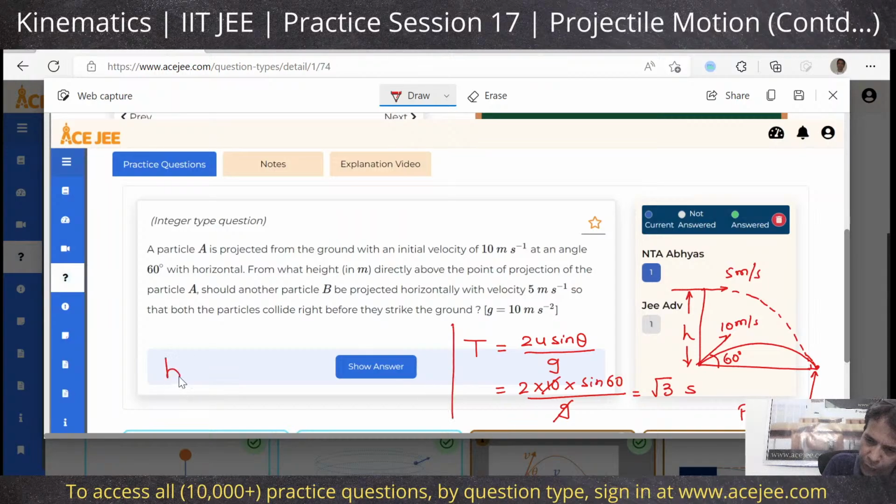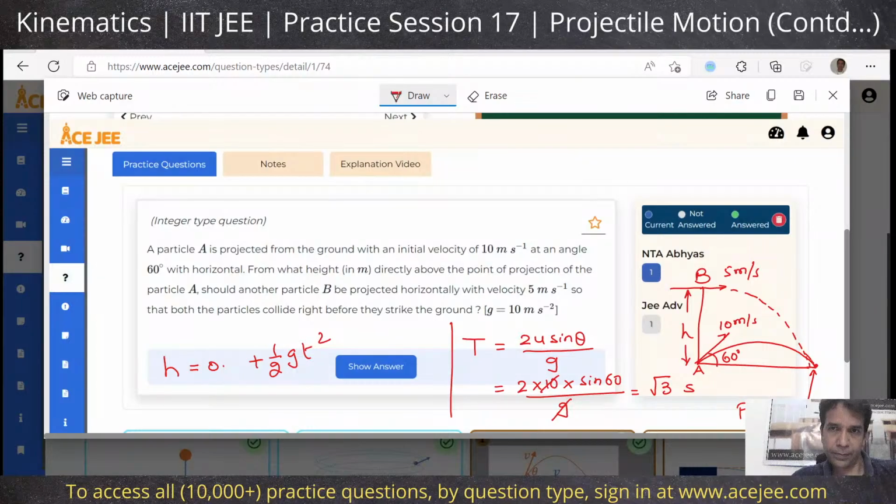So particle B has to descend by a height h. So y is equal to ut plus half a t square. Since it does not have any component of initial velocity in the vertical direction, I can write 0 times t plus half g t square. In fact, I should write capital T. So is it 15 meters? You said 15 meters, is it?